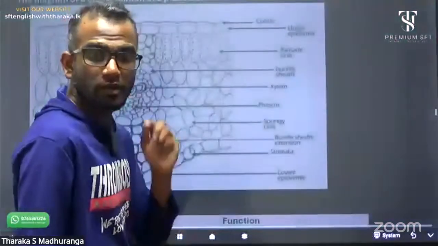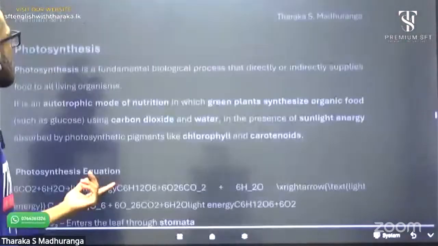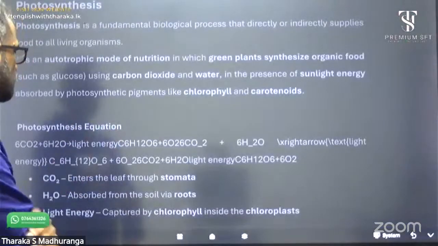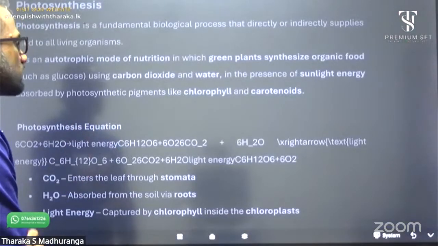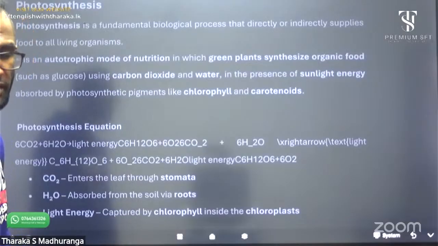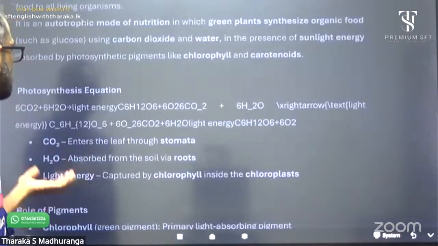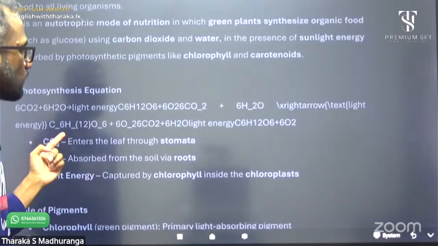Let's move into stem. Stem is the most important part. Photosynthesis you already know. Photosynthesis means food producing, glucose production, using sunlight, with raw materials carbon dioxide and water.